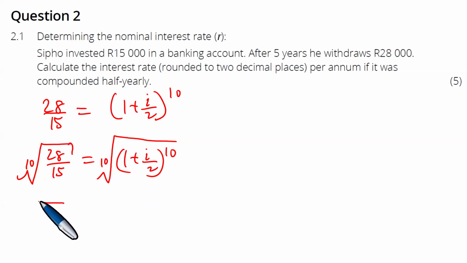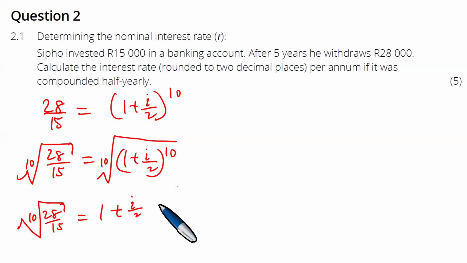And this gives us the 10th root of 28 out of 15, which is 1 plus i out of 2.